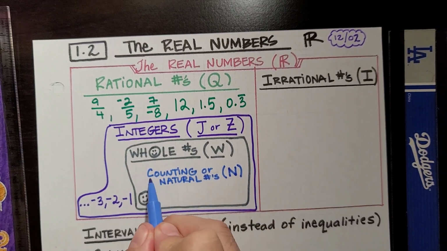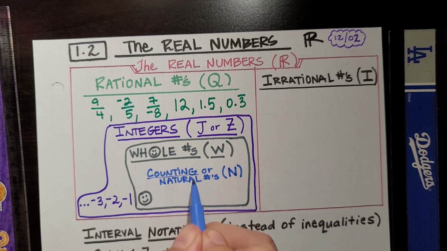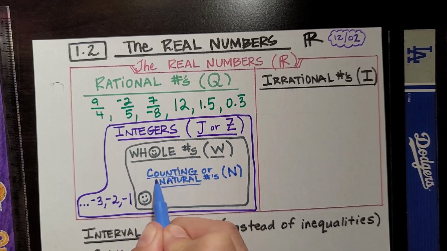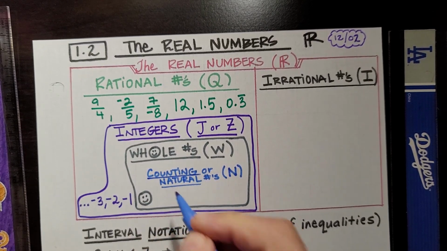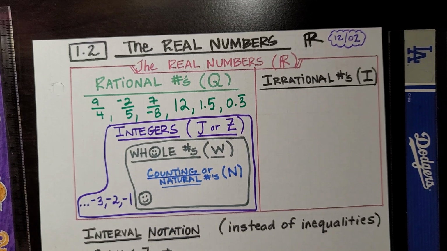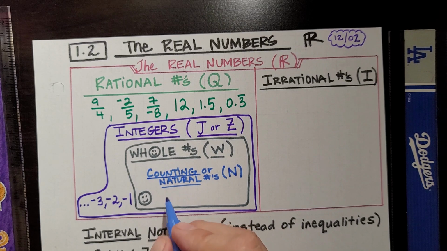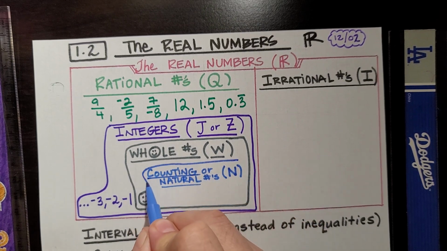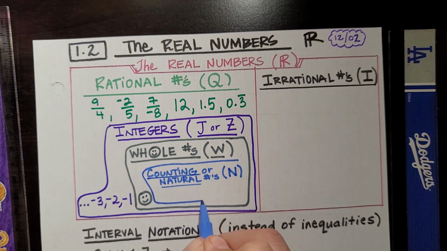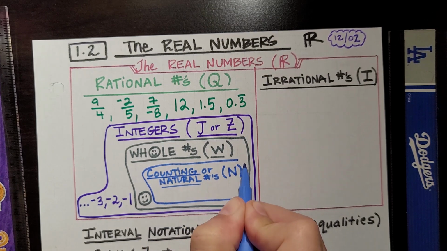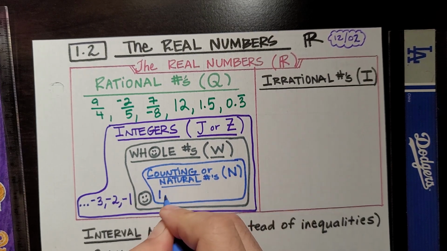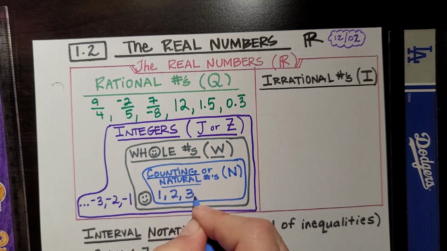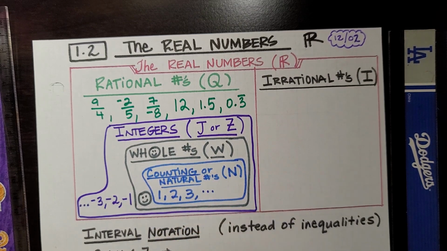And here are the numbers that make up the counting natural numbers. They're the numbers you learned as a child, the first numbers that you ever learned to count. They are the numbers 1, 2, 3, 4, 5, 6, 7, 8, 9, 10, 11, 12, forever to infinity.